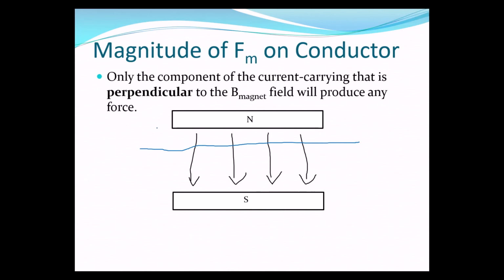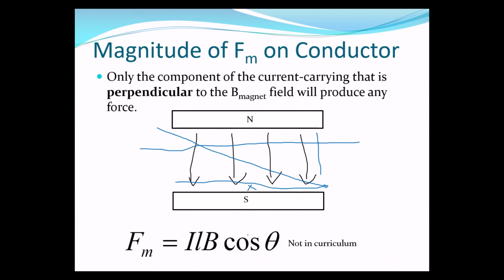If I did it at an angle like that, well, only the component that's perpendicular, right? Only that x component of this will actually show up. And if I put my wire in like this, well, it's parallel, that wire is going to experience no force. So it has to be perpendicular. It doesn't really come up that much.